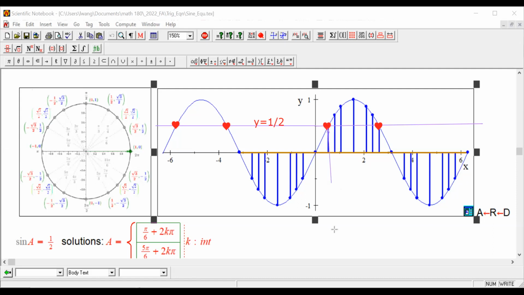I'll use an orange-green color, just to make sure it's visible to you. And this point is pi over 6.